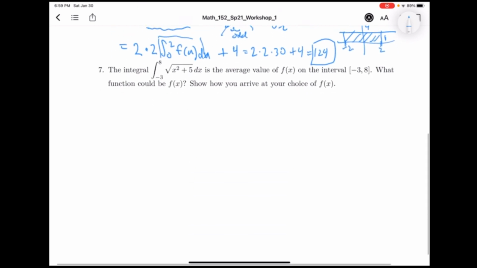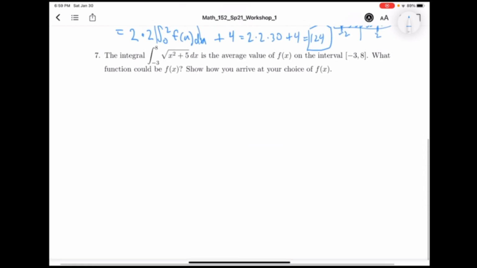Okay. Finally, problem number 7. So we're asked for this integral, what function does that give the average value of on the interval -3 to 8?